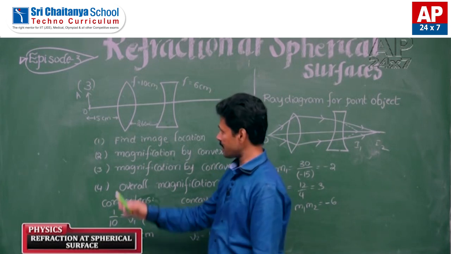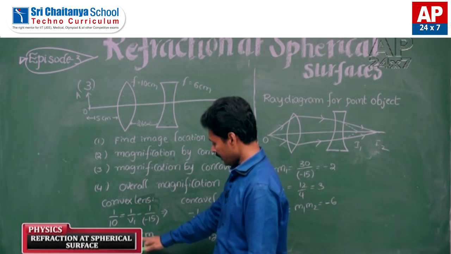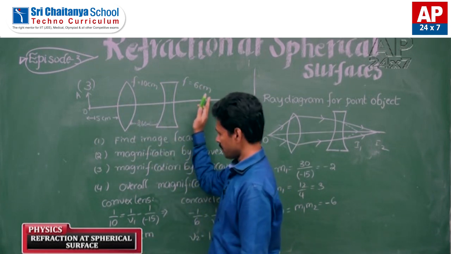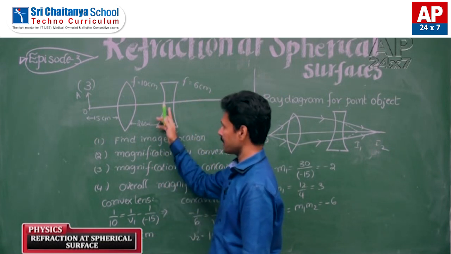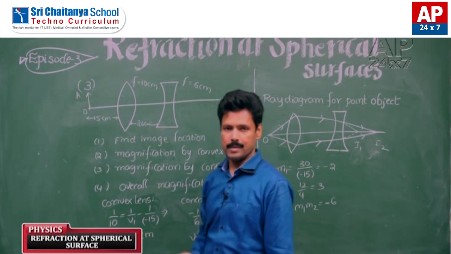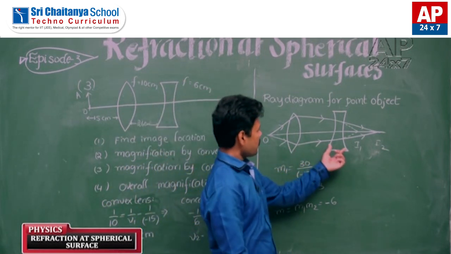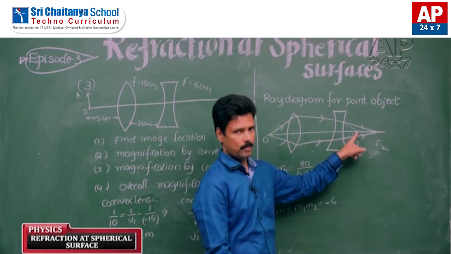That means the image by the convex lens is real at a distance of 30 from this lens. But you are having a lens before forming the image, that is the concave lens.